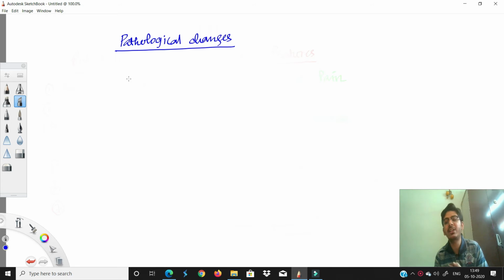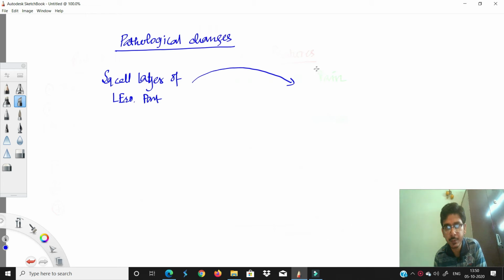That causes a pathological change, that is, the squamous cell layer of the lower esophageal part gets converted into intestinal columnar epithelial cell layer.